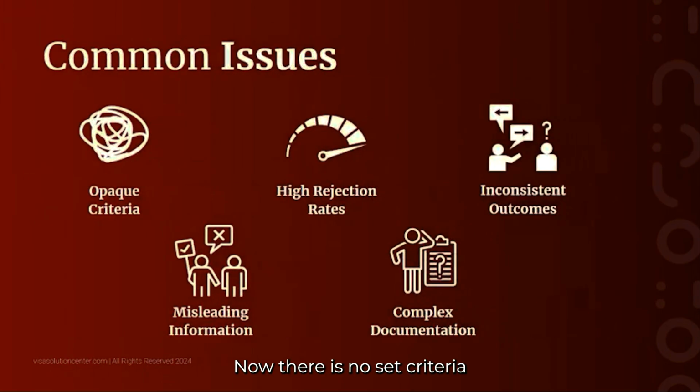Now, there's no set criteria for the visa officer to say, I'm going to give this one and I'm not going to give that one. It does depend a lot on public policy that governors, presidents, legislation in general, or country situation can influence. Now, there are some aspects that we're going to evaluate here that are known parts of the algorithm that do add towards your chances of getting a visa.